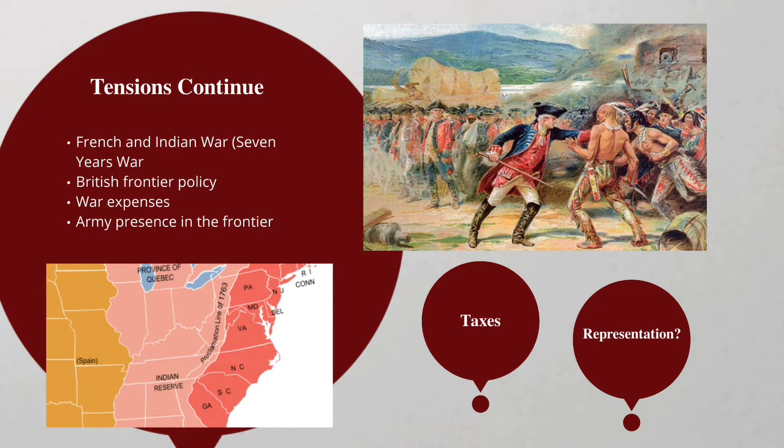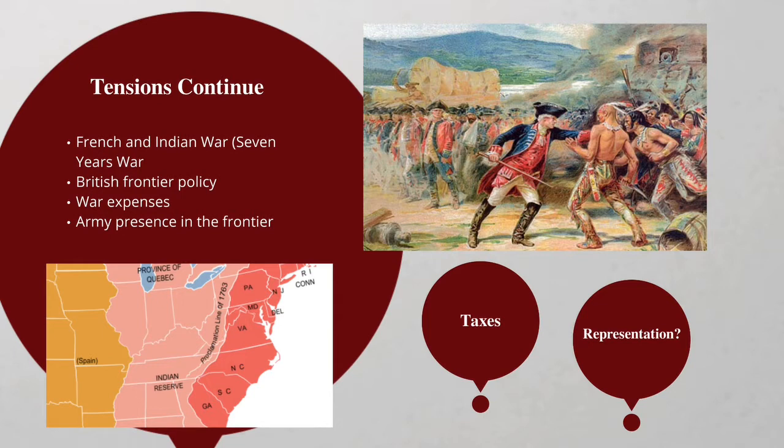With Britain's victory, they established a frontier policy so that colonists could not move west of the Appalachians. Now, obviously, this is going to create some friction for colonists that want to move westward. And also, the British spent a lot of money and resources having soldiers there at the frontier. And of course, the colonists felt that they could take care of themselves.